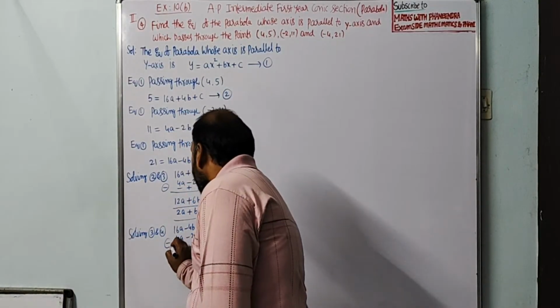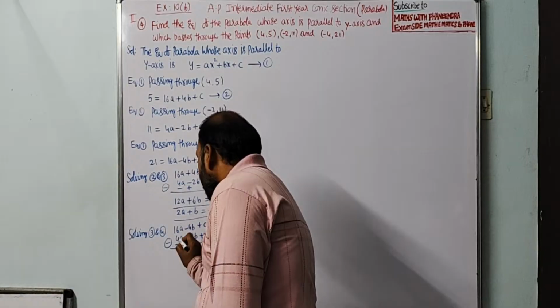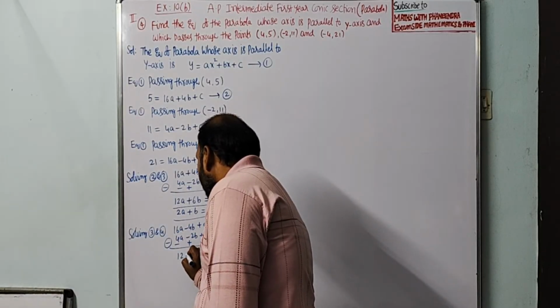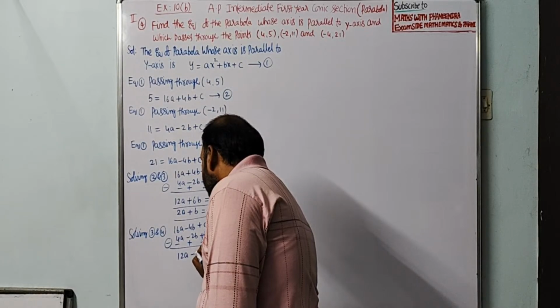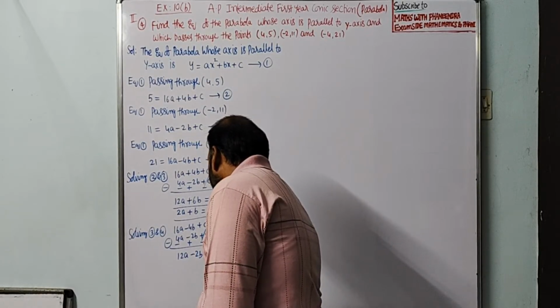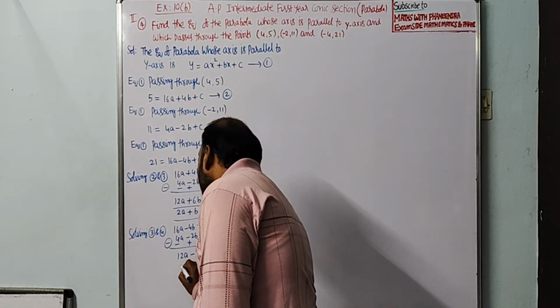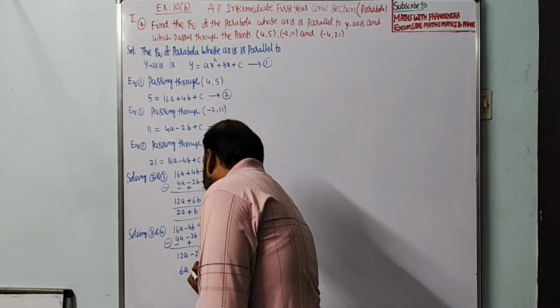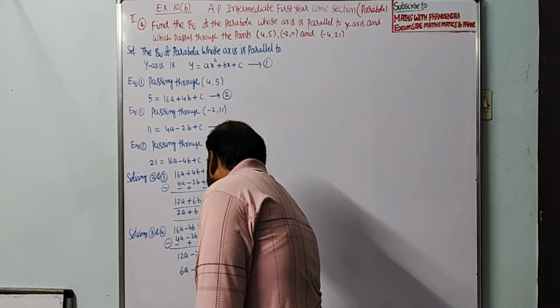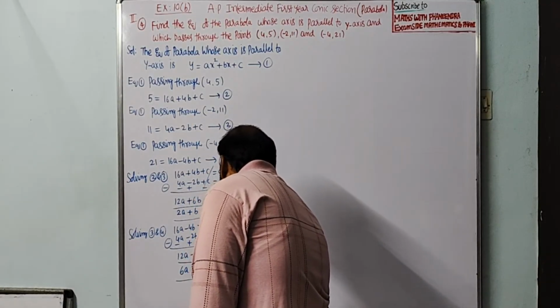So subtracting, 16a minus 4a is 12a. Minus 4b plus 2b is minus 2b. 21 minus 11 is 10. Dividing by 2, 6a minus b equal to 5. So this is equation number 6.